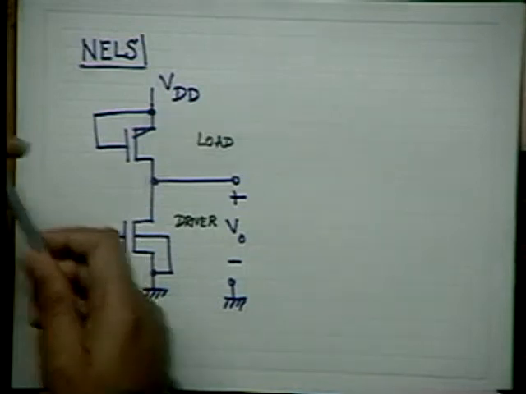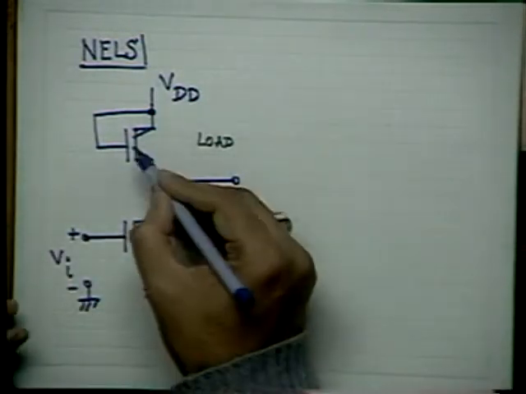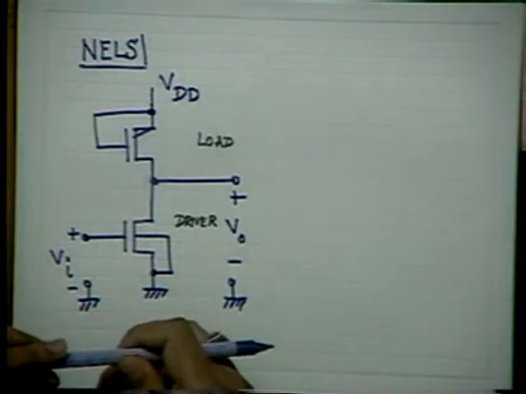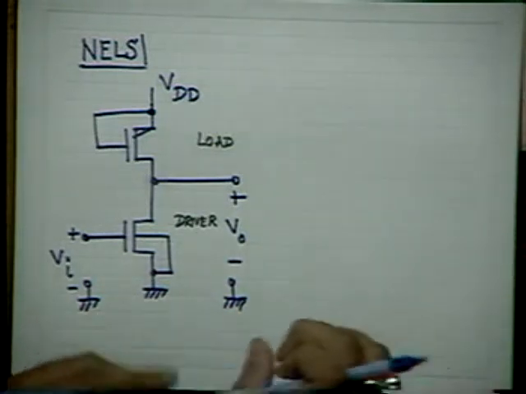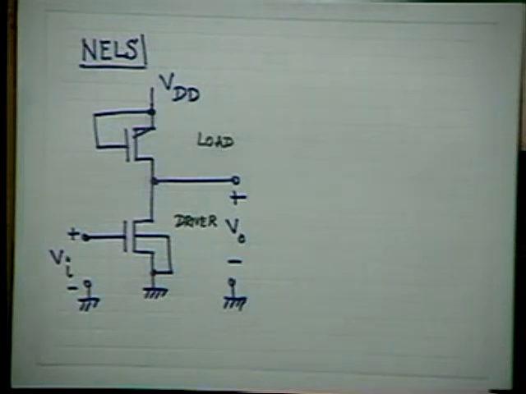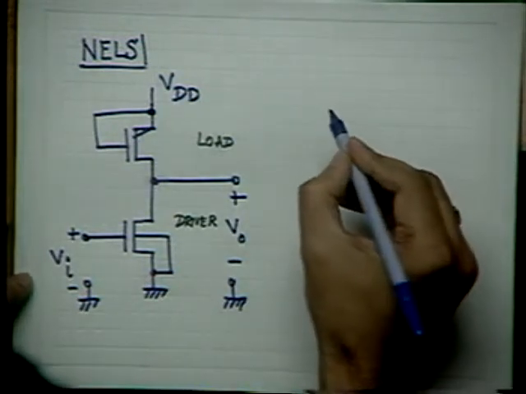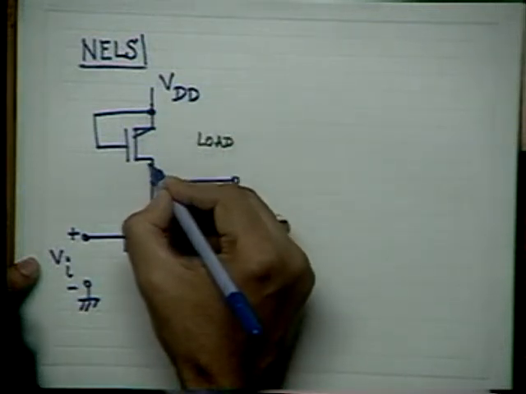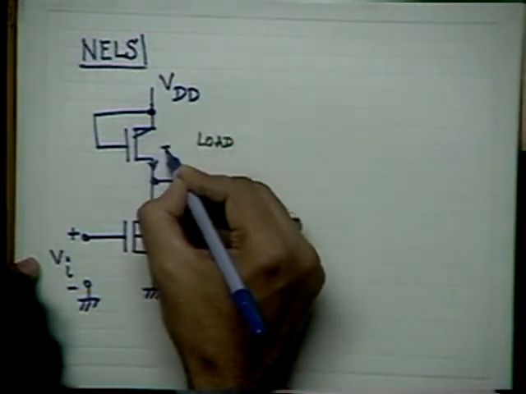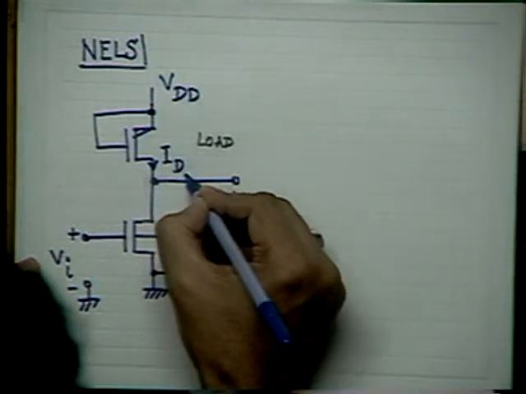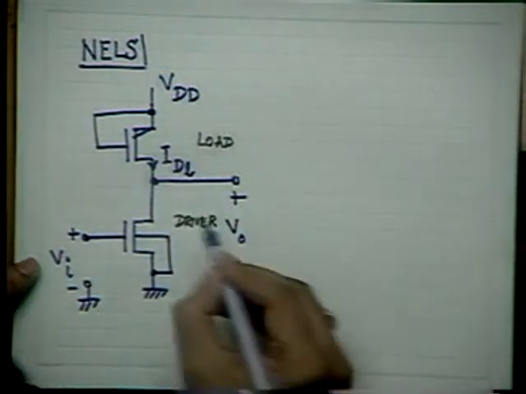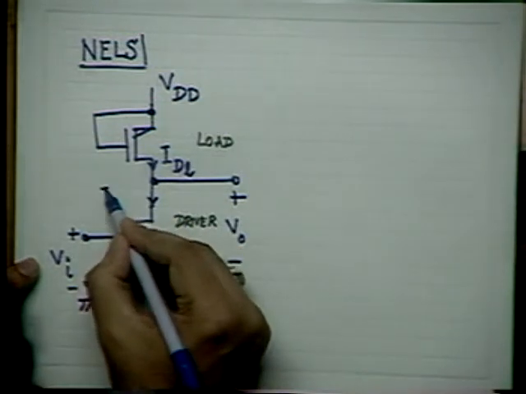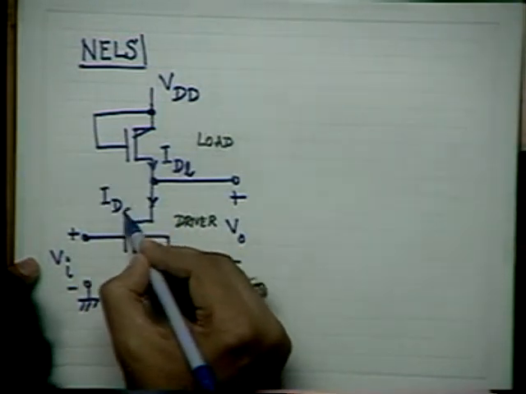What I have done, I have made VGS of this transistor 0. Gate and drain are shorted. All right? Now, let us denote the current through the load transistor as IDL, whereas the current through the driver transistor as IDD.